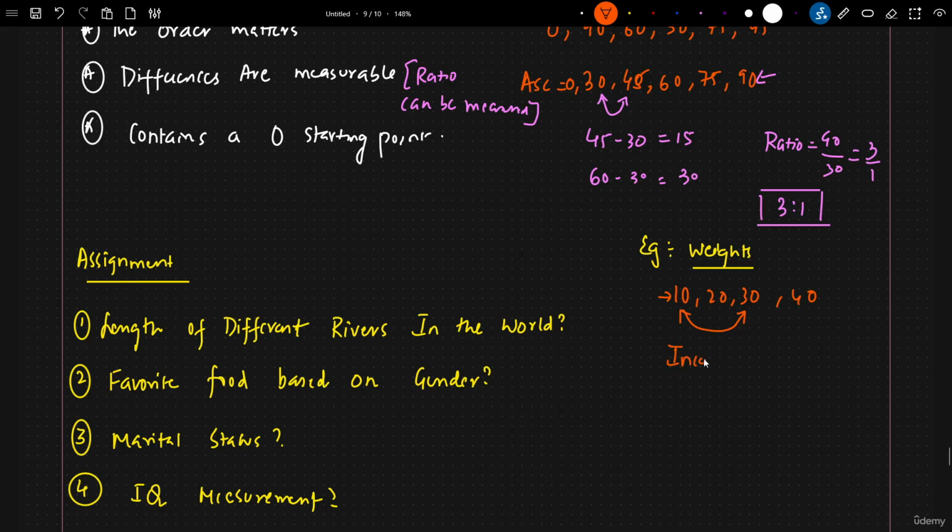Income is another example, which is a kind of ratio scale itself, right? Some may have a salary of 10,000, some may have 20,000, 30,000, 40,000, right? So I can say, hey, you are earning 4 times more than this specific person who's just earning 10,000, right?